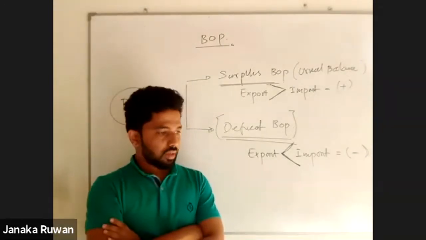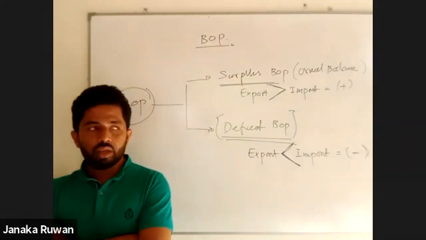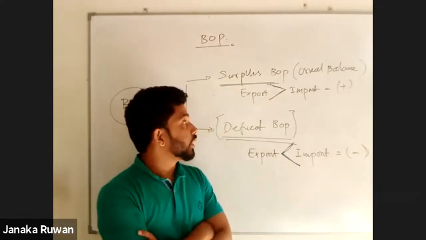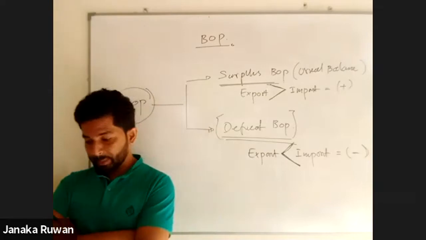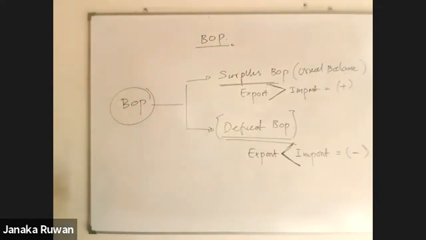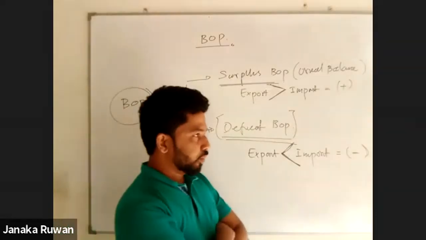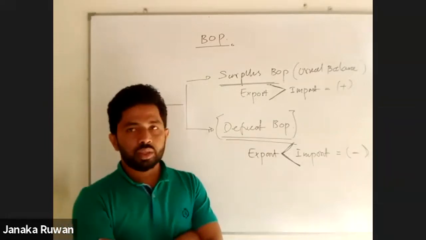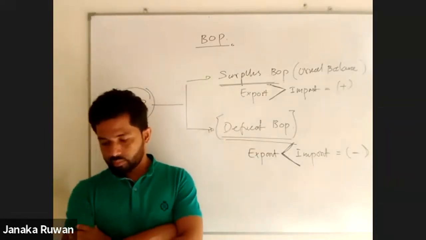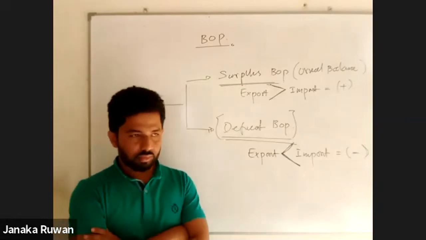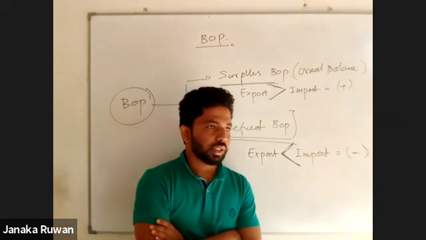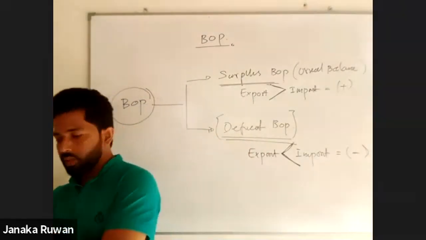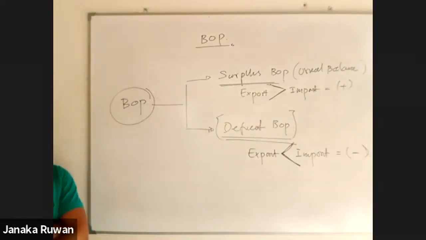First one, with a star mark, let's write down here: if a country exports more than its imports, BOP is said to be in surplus.